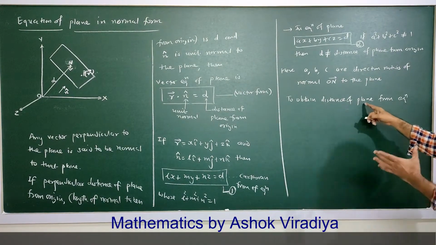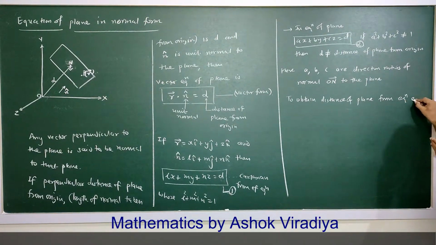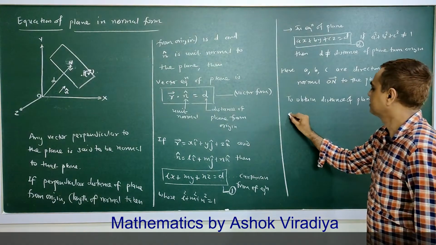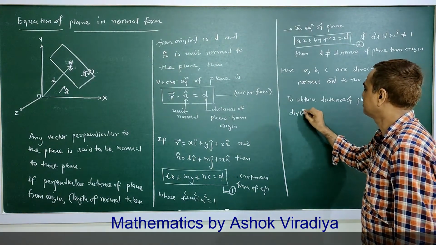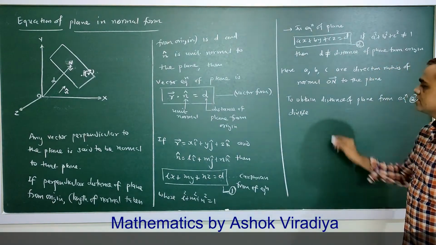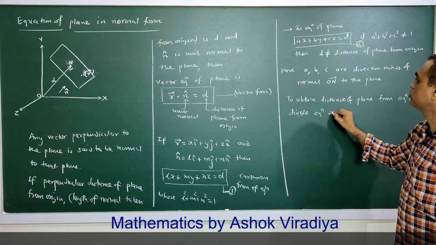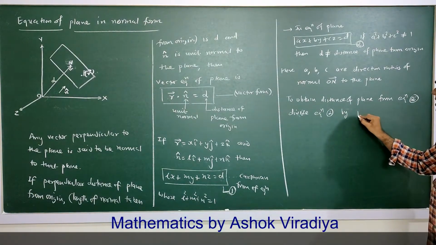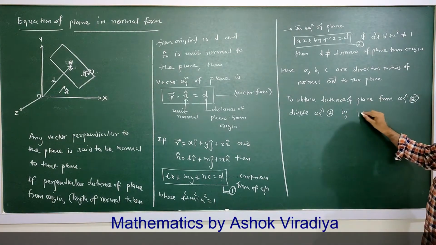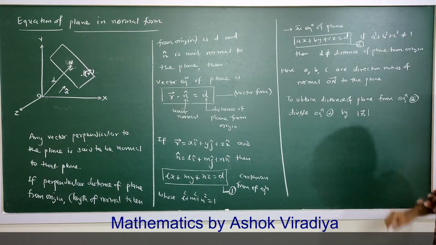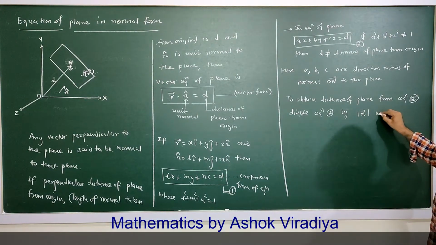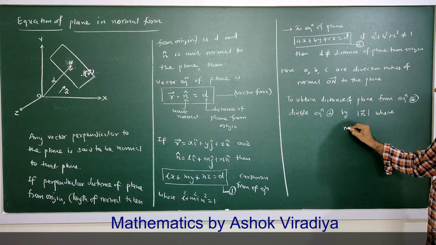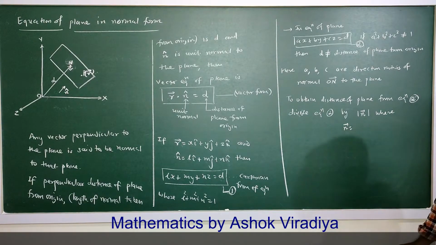So to obtain distance of plane from equation 2, we divide equation 2 by magnitude of vector n, where vector n is the normal.